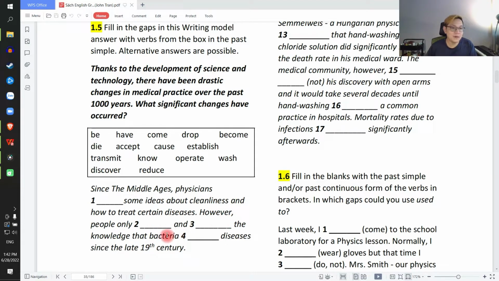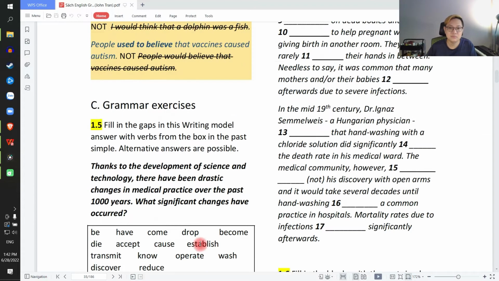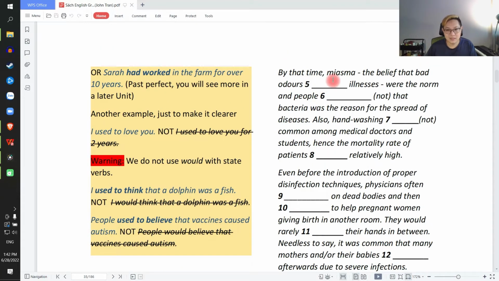However, people only established and accepted the knowledge that bacteria causes diseases since the late 19th century. By that time, miasma, the belief that bad odors transmitted illnesses, was the norm, and people did not know that bacteria was the reason for the spread of diseases.